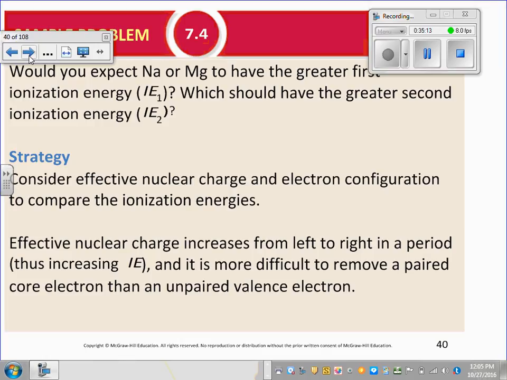So, okay, now I'm going to get rid of one electron. Because we're going for the second ionization energy, we just removed one. So now, this is what we have with Mg plus and Na plus. Now I'm going to remove another electron. Which one's going to be easier to remove?